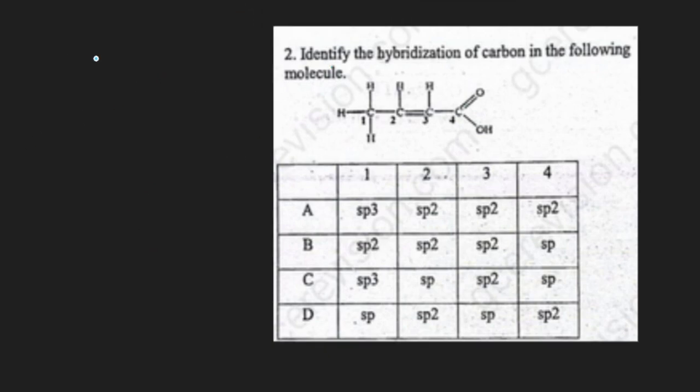So hybridization can be sp, sp2 or sp3 depending on the number of p orbitals taking part in hybridization. So the p subshell is divided into 3 orbitals, and the p orbitals are px, py, and pz depending on their orientation in space.